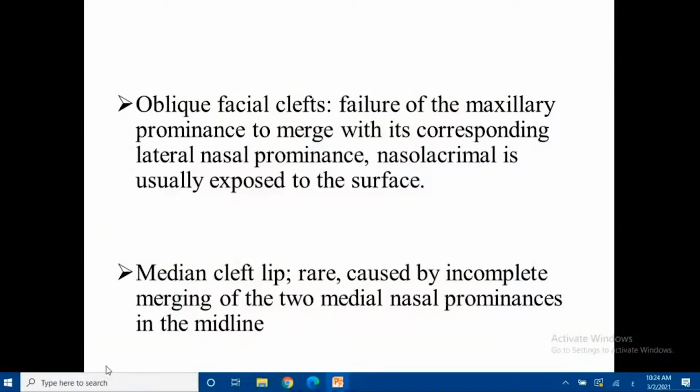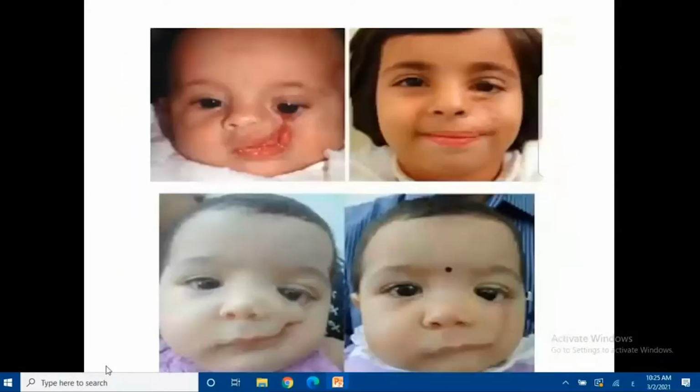So as you see, the failure of the merging of this part with the corresponding lateral nasal prominence will give us a kind of cleft. Also, the nasolacrimal part will usually be exposed to the surface. Look at here. This one is the oblique facial cleft, and this one also is an oblique facial cleft.